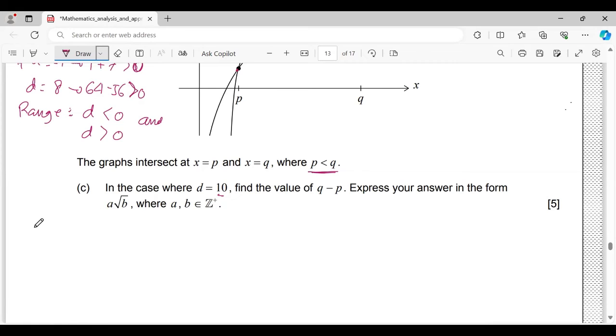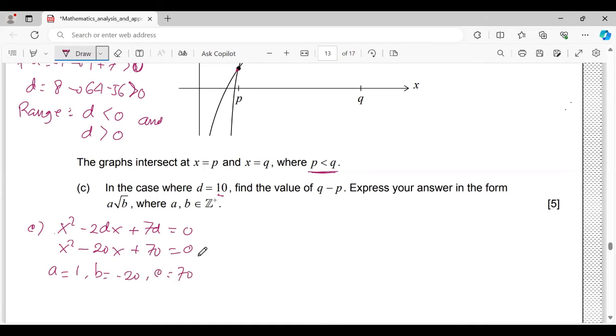So this is part c. We're going to start from this equation x squared minus 2dx plus 7d equals 0. According to the information that d equals 10, x squared minus 20x plus 70 equals 0. So a equals 1, b equals minus 20, c equals 70.